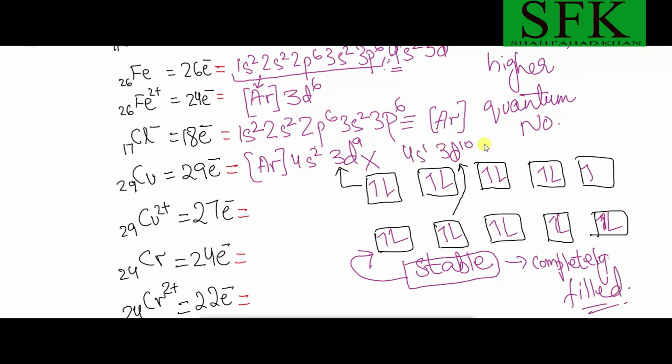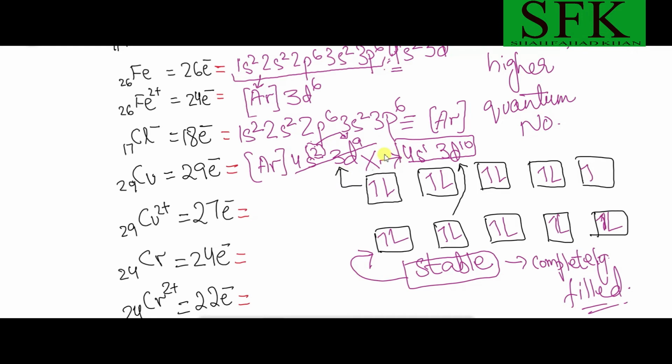Atoms always want to be in the most stable electronic configuration that they can achieve. So that's why in this copper atom, out of the two electrons of the 4s, one electron jumps to the 3d orbital and forms this electronic configuration. So the final configuration of copper becomes argon core, not this, but rather 4s1 and 3d10.